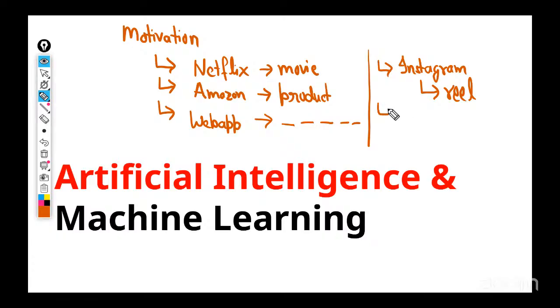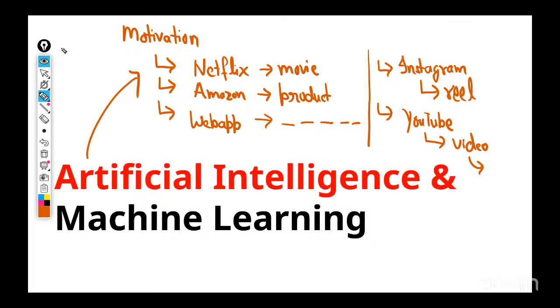After this, next, let's say you have YouTube and you watch some video on YouTube, and you will notice related kinds of videos you will get in the recommendation in your YouTube. Now, all of this is done with the help of artificial intelligence, machine learning.